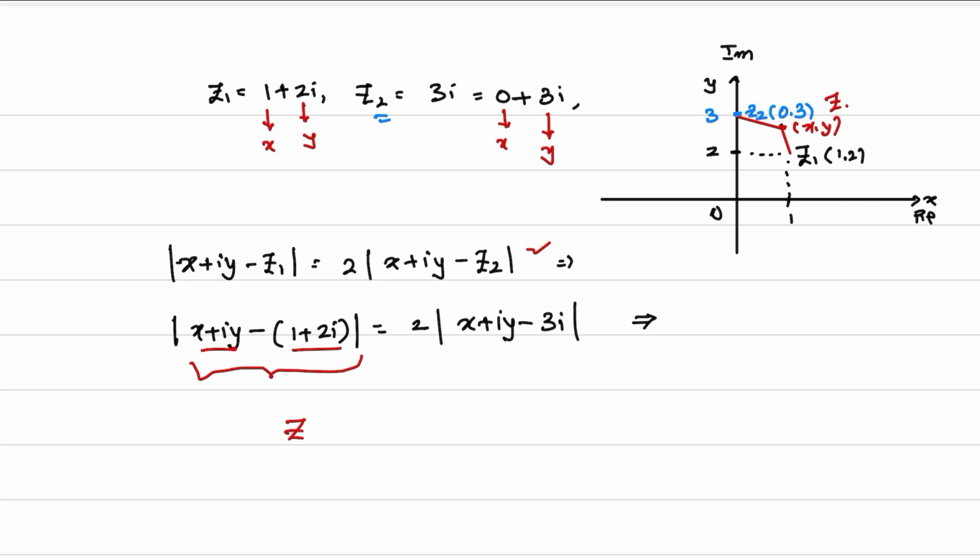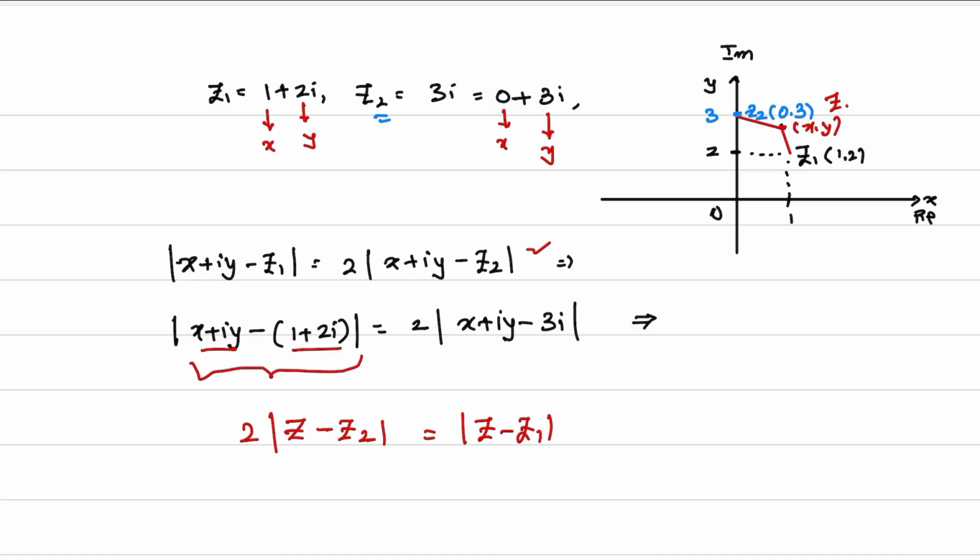The distance between z and z1 is 2 times the distance between z and z2, where z is (x, y).